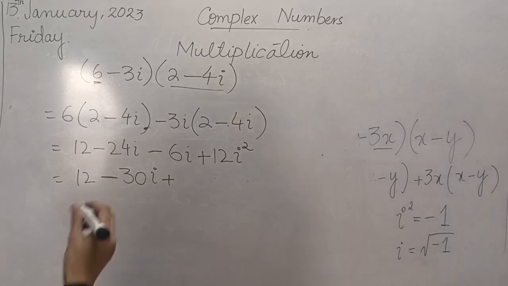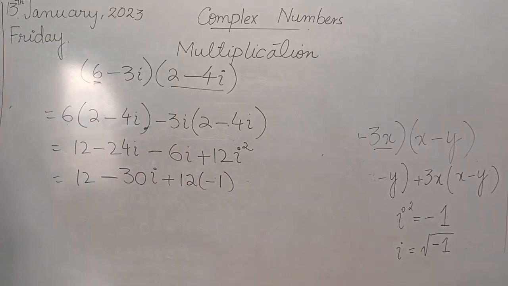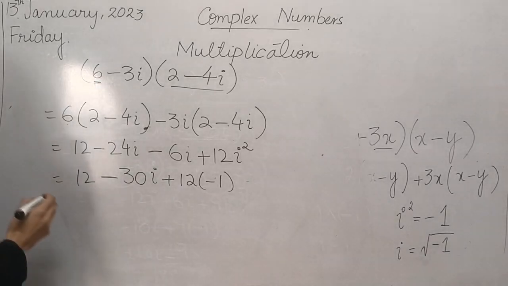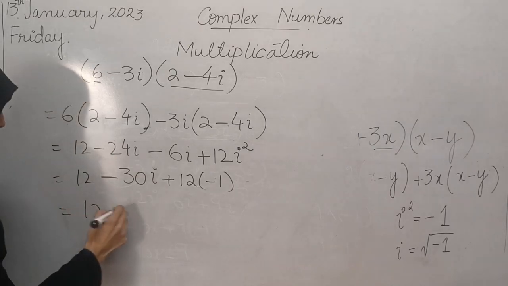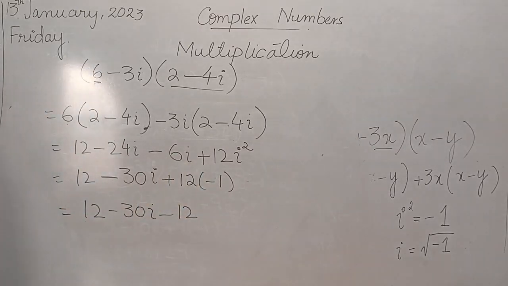So what is the value of iota square? Minus 1. And again, this is not 12 minus 1. This is 12 into minus 1. So 12 minus 30 iota minus 12. 12 times 1 is 12 and plus minus is minus.